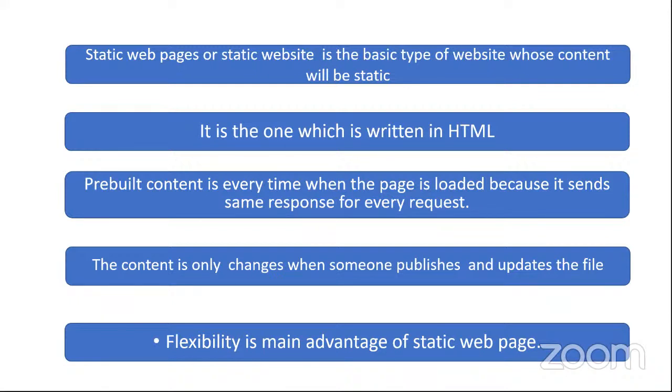It is written in HTML. Whenever we talk about static websites or static web pages, those are developed using HTML markup language. Pre-built content is loaded every time the page is accessed by the user.